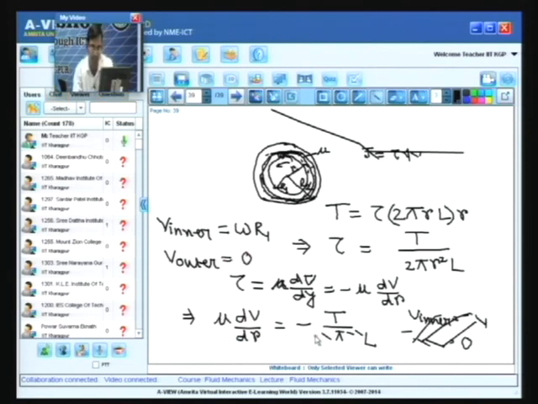You simply integrate and you will get the viscosity of the liquid that fills the space between the cylinders.